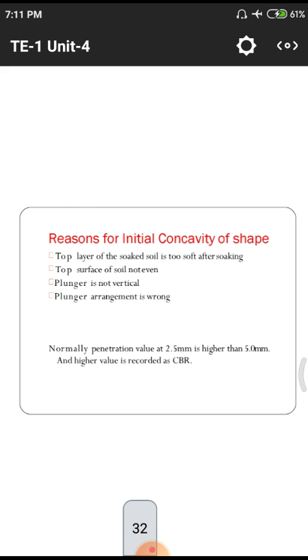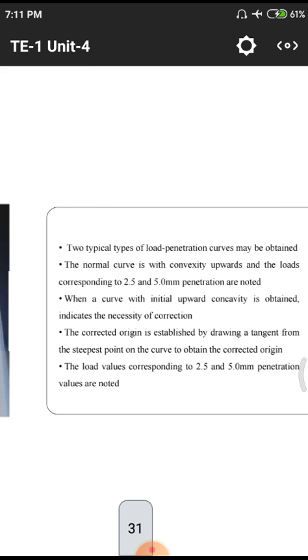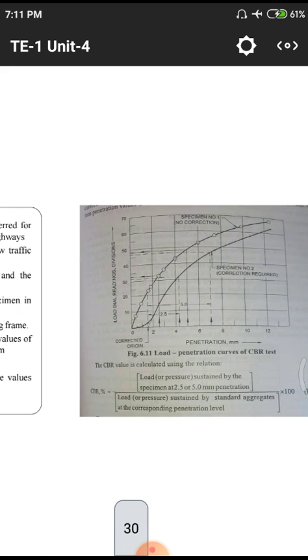So this is the formula for calculation of CBR value. Load divided by the standard load of a particular aggregate, multiplied by 100, will give the CBR value directly.